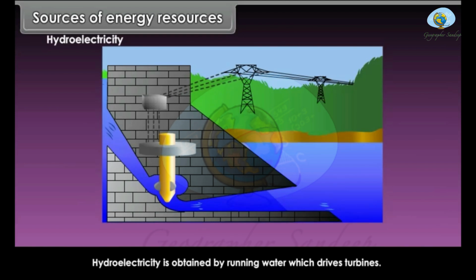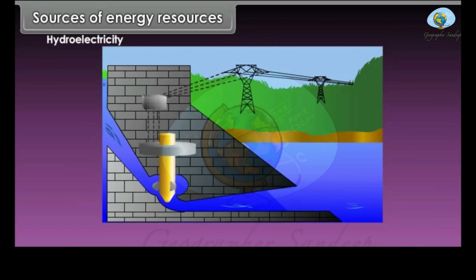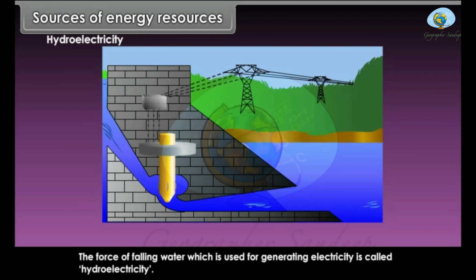Hydroelectricity is obtained by running water, which drives turbines. The force of falling water, which is used for generating electricity, is called hydroelectricity.